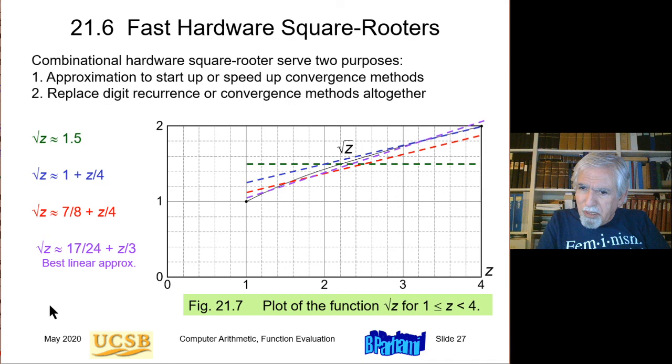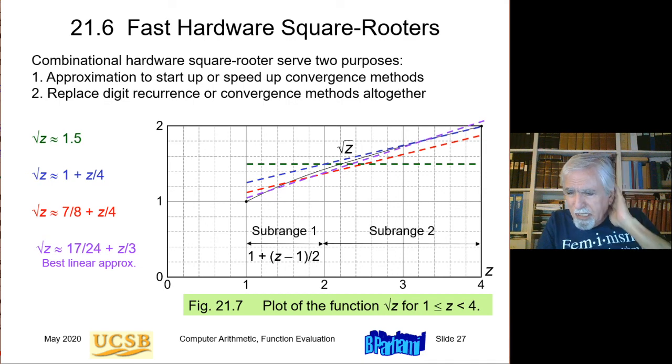So for example, even without tables, I can do the approximation 1 plus (z minus 1) over 2 for subrange 1, and 1 plus z over 4 for subrange 2. Again, 1 plus z over 4 involves no computation. Okay, but it's a better approximation.